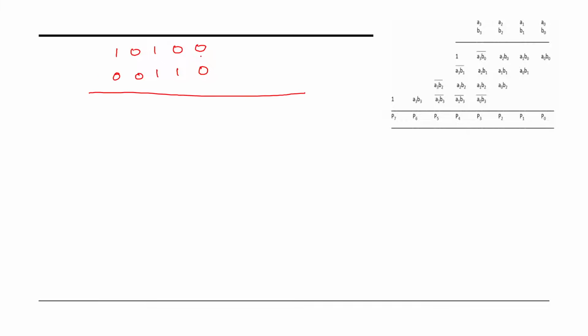So 0, I'm going to multiply with all the bits. So as usual, 0, 0, 0, 0, and then this 0 is going to multiply with the sign bit. So usually it is going to be 0, but here you can observe it's A3 B0 bar. So usually 0 into 1 is going to be 0, but we will invert it. It is a 1.